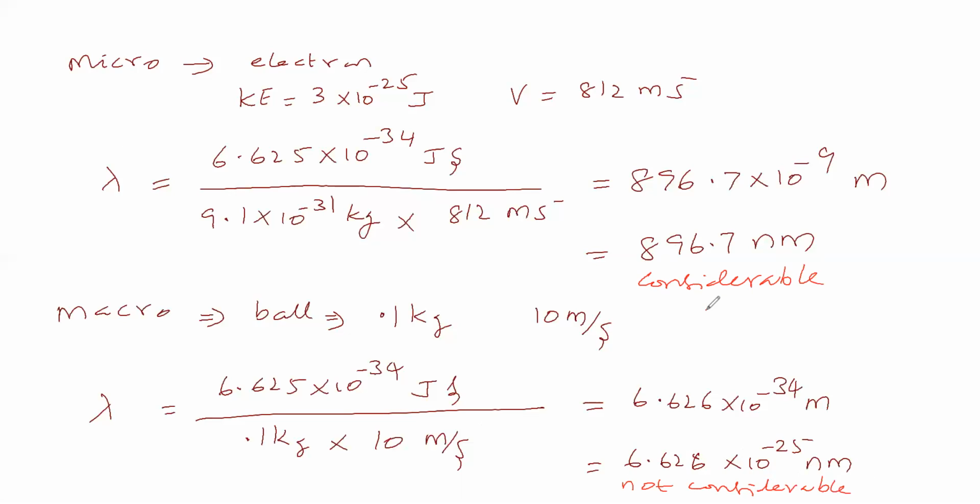Therefore, we can say that it is significant, and that it is insignificant. This indicates that for macro bodies, wave nature is insignificant, and for micro bodies, wave nature is significant. That is the point.